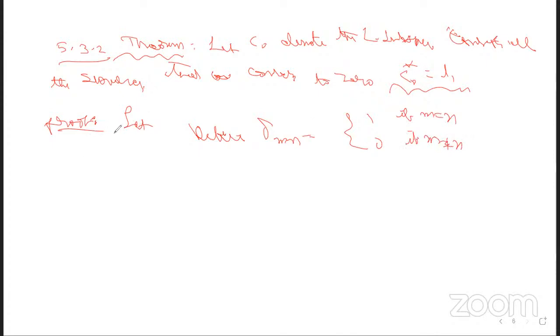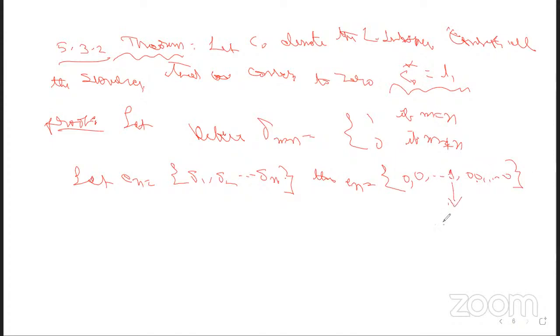So here, let en, what we are taking, delta 1 comma n, delta 2 comma n, etc. Then en what we are taking, 0 comma 0, etc., 1, 0 comma 0, etc. This is the basis. This one we know as nth place. Nth place.